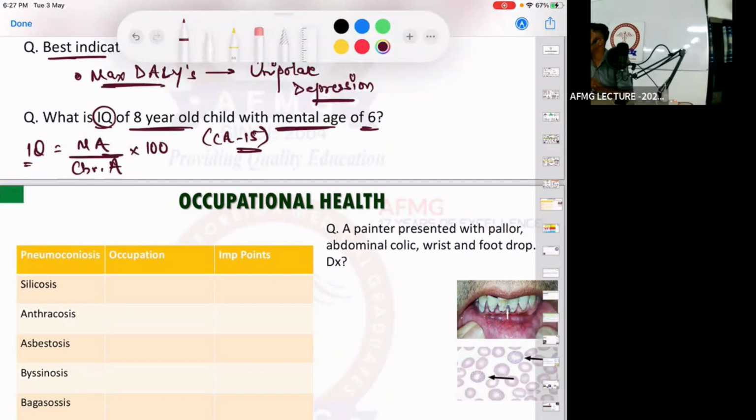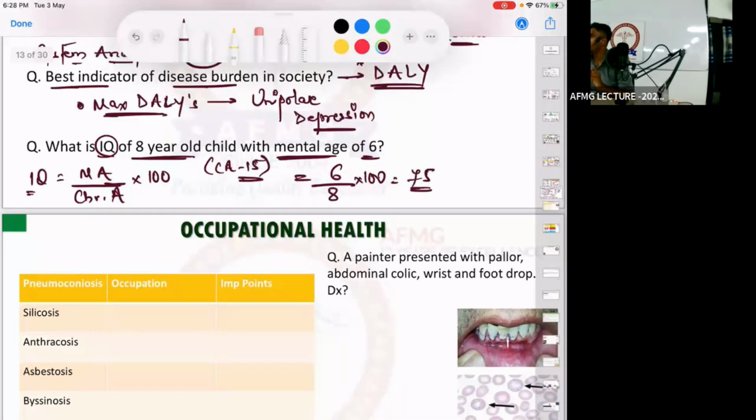It does not go beyond that. Even if the patient is 20 years old, you will take the chronological age as 15. Here the mental age is 6, upon the chronological or actual age of the child, 8, into 100. How much is it? It is 75. So the child falls in mild intellectual disability.